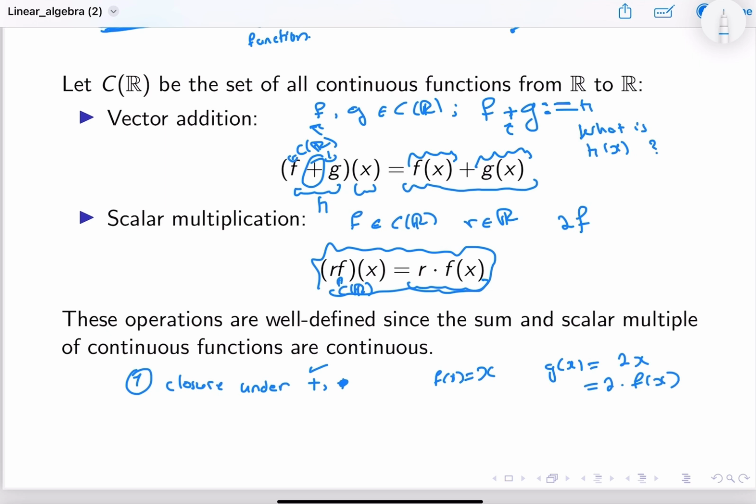So we know that when we multiply a function by a scalar, we still get a function, and this function is still continuous. Closure under scalar multiplication is also evident. So the next thing to check here is the so-called additive identity.